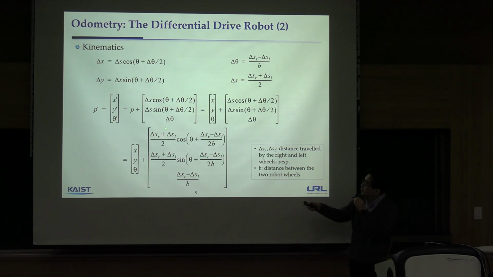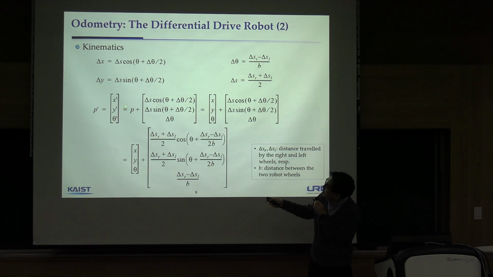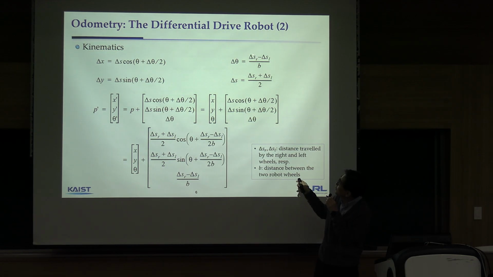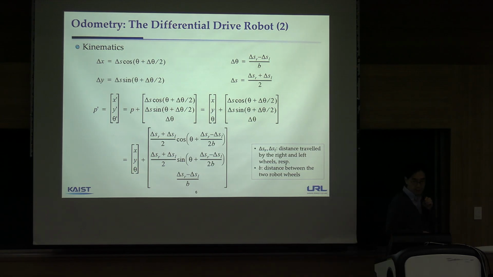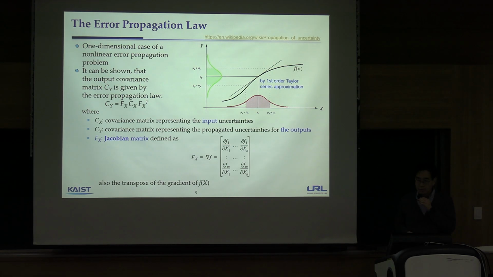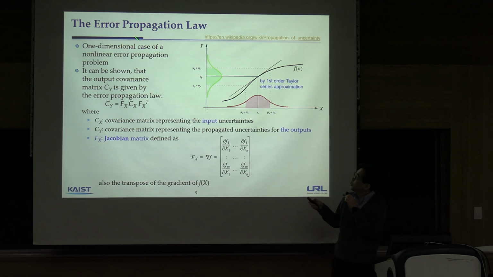We can start from here, P, and some uncertainties from delta SR, delta SL will be here. Also delta theta will have some uncertainty due to delta SR, delta SL. We should add the covariance with the new covariances generated by this odometric movement, and then we can obtain the new covariance. That will be obtained by the error propagation law.